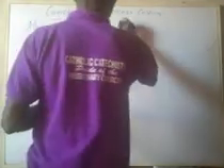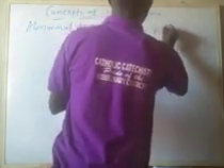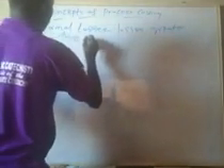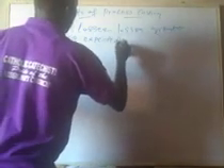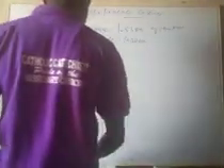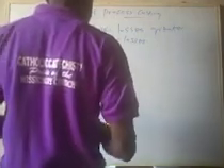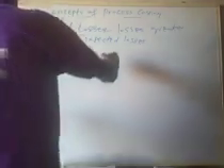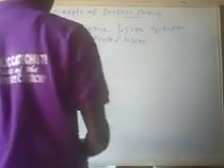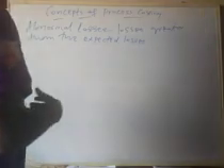Abnormal losses are losses greater than the expected losses.